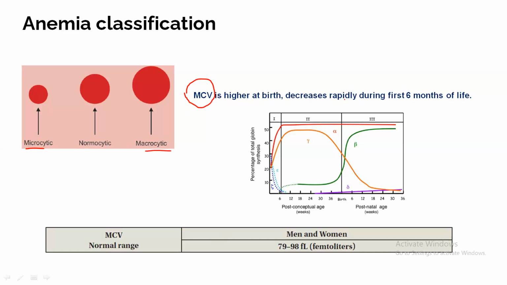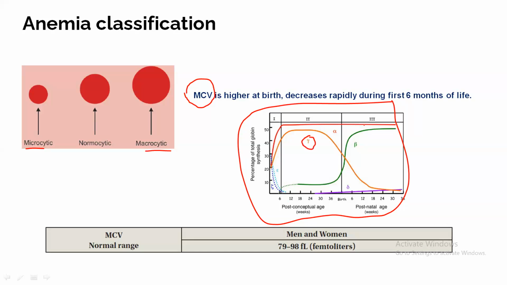This photograph you must have seen in the Nelson textbook, in the neonatology chapter. Basically, it shows globin chain transformation in a human life. Normally, neonatal RBCs have a lot of fetal hemoglobin, which means they have a gamma chain.